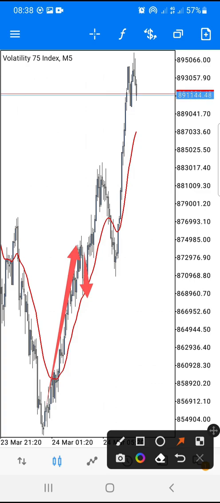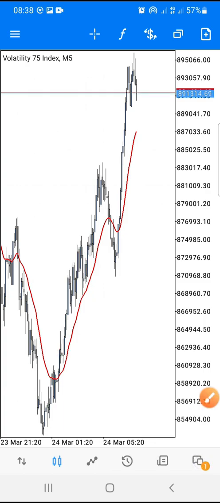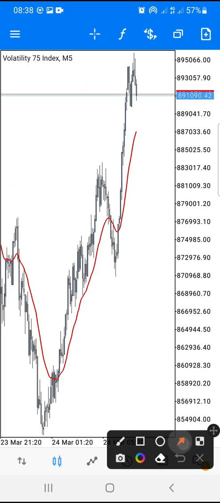So let me get it. This is a high. Let me show it with this pen. At this point over here, it's higher, and this is when it pulls back.